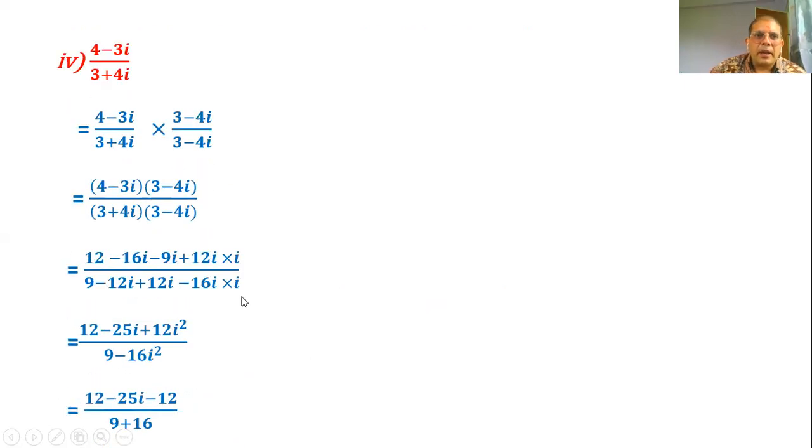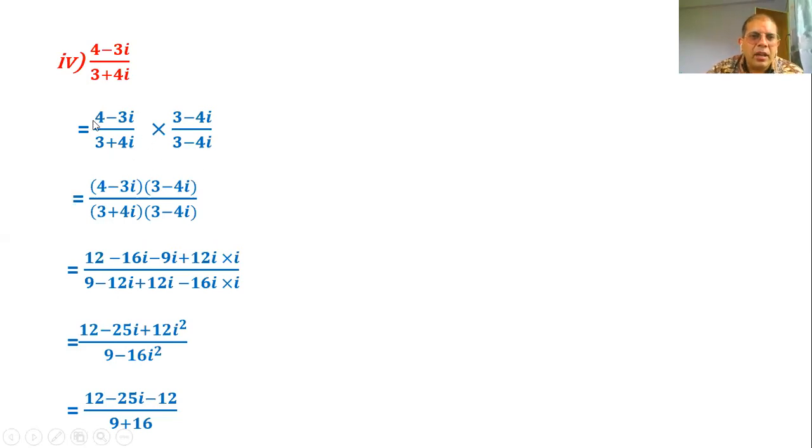After this, number 4, which is in fraction form. Now don't forget, how can you remove this fraction? You have a denominator, so you should rationalize by that term. That means 3 plus 4i you have, then you should multiply by 3 minus 4i, both numerator and denominator. Just remember, it is like rationalizing, not exactly, but you can remember it that way.